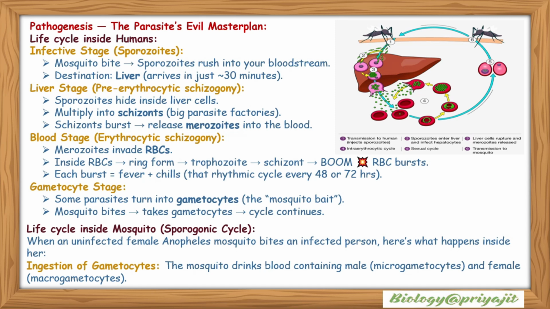The life cycle inside the mosquito is called the sporogonic cycle. When an uninfected female Anopheles mosquito bites an infected person, here is what happens inside her. Ingestion of gametocytes: the mosquito drinks blood containing male, or microgametocytes, and female, that is macrogametocytes.